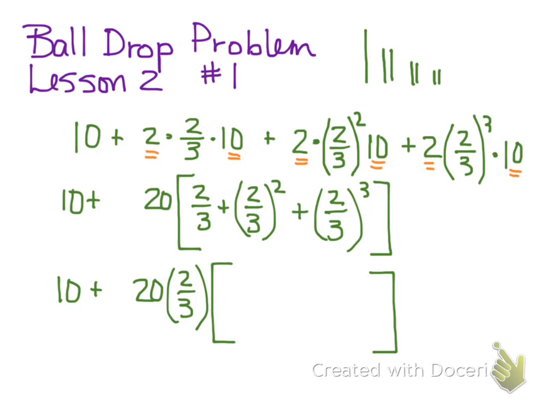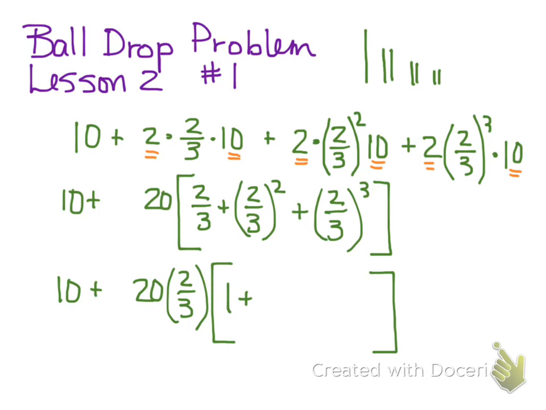Okay, so it should be a 1, right? Because now I've got the 20 times the 2/3 times 1 would give me this expression here, because this term is 20 times 2/3, so that's that right there.